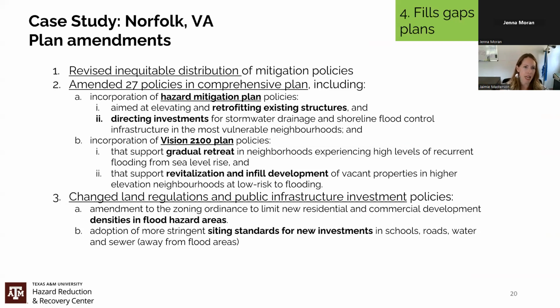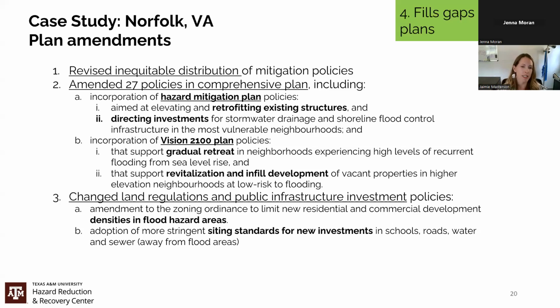The second thing is that after assessing their plans, they went back and amended 27 different policies within their comprehensive plan. They incorporated more of the hazard mitigation plan into their comprehensive plan. These were things like elevating and retrofitting existing structures and making sure that there were investments for stormwater infrastructure in the most vulnerable neighborhoods.